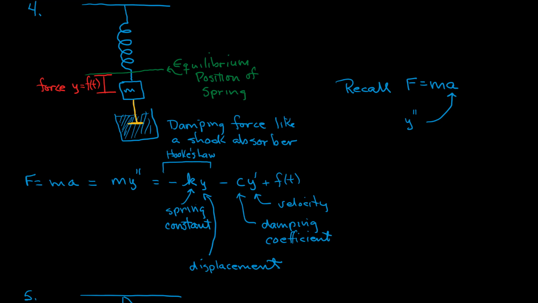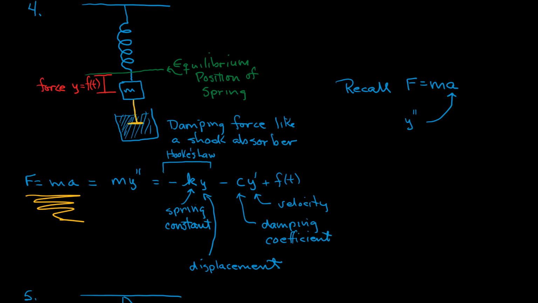All right, so if we take our force equals mass times acceleration over here on the left-hand side, we can rewrite this as mass times y double prime. Now, where did y double prime come from? If you take a look in red here, y represents the displacement. How far is the spring stretched by the mass?